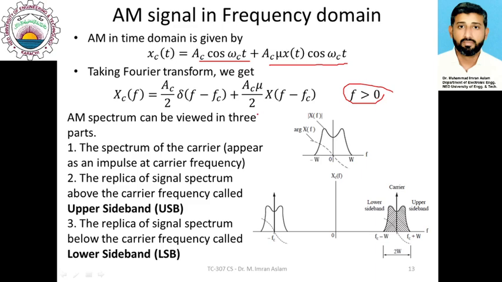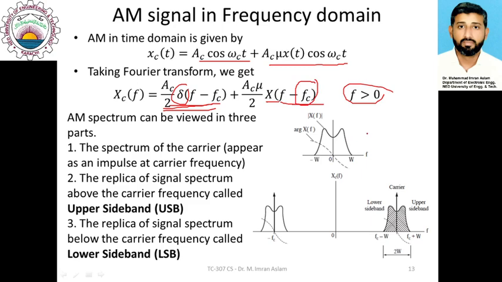So you can see that the cosine function, the transform would be represented as an impulse function here, whereas this mu x(t), it will be represented as a transform of x(t) shifted to the carrier frequency fc.